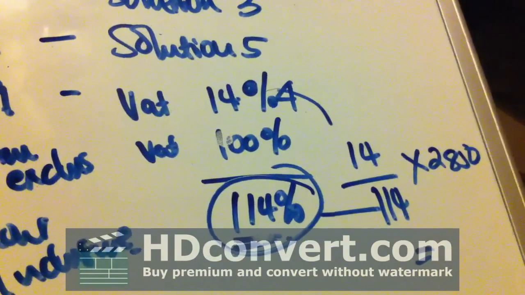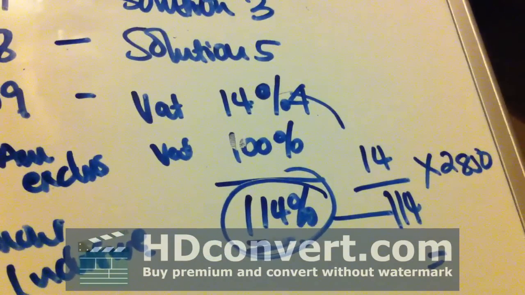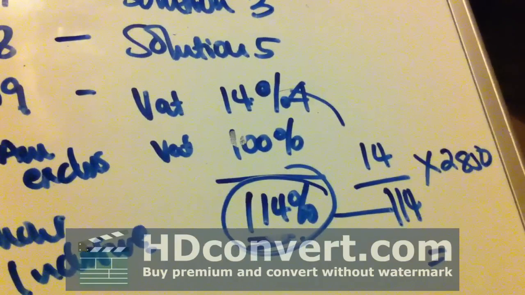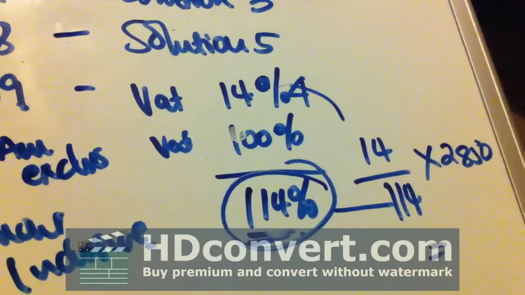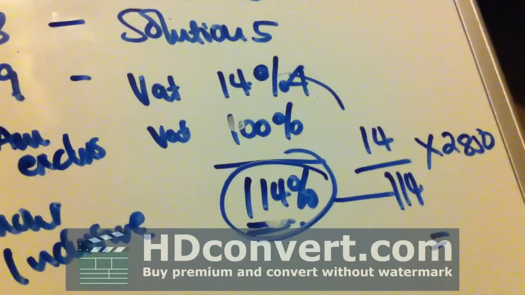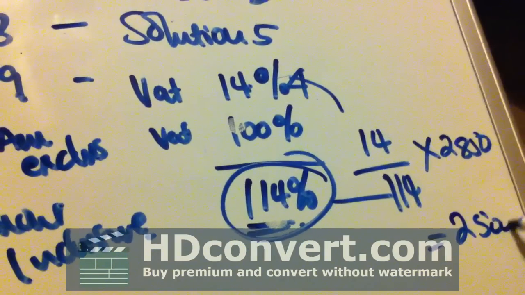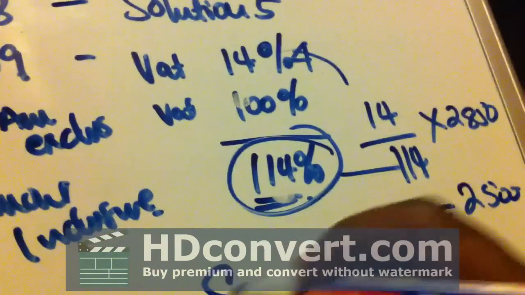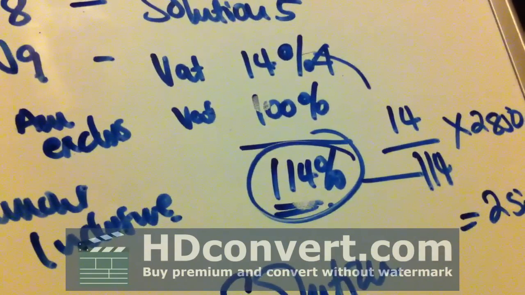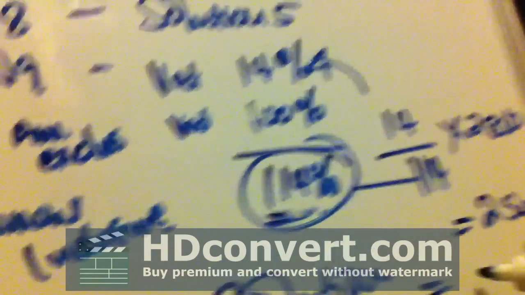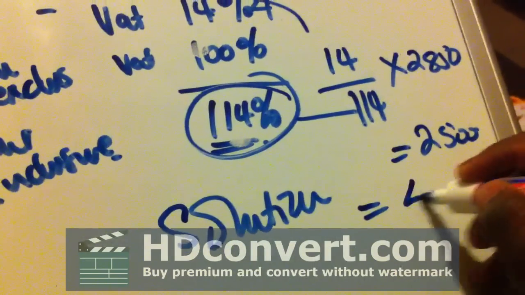If you look at these calculations quickly, you get to realize that it's going to be 2,500, isn't it? So for our 9, the solution is equals to 4.